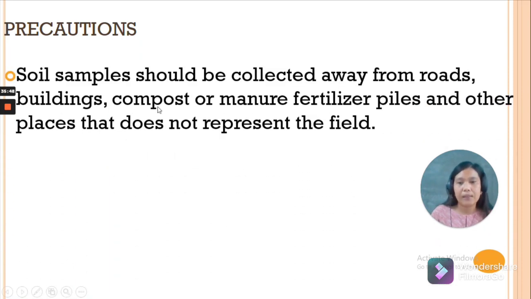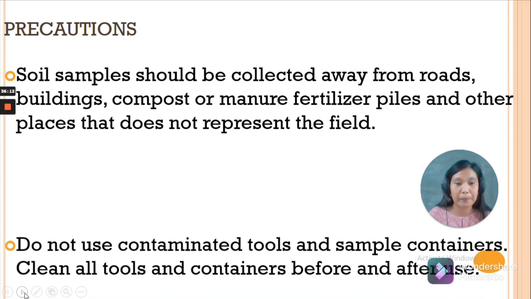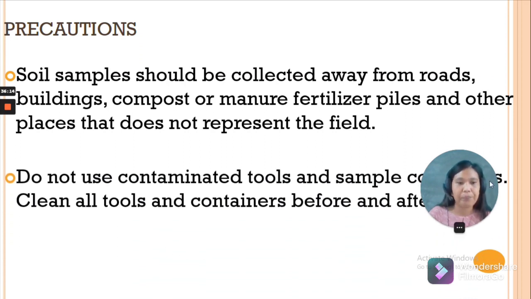Collect away from roads, buildings, compost, or manure fertilizer piles and other places that do not represent the field. Your goal is to represent the fertility status of your soil. So if you submit it for soil analysis, your soil sampling and collection, and preparing of soil for analysis, should follow the proper procedure.